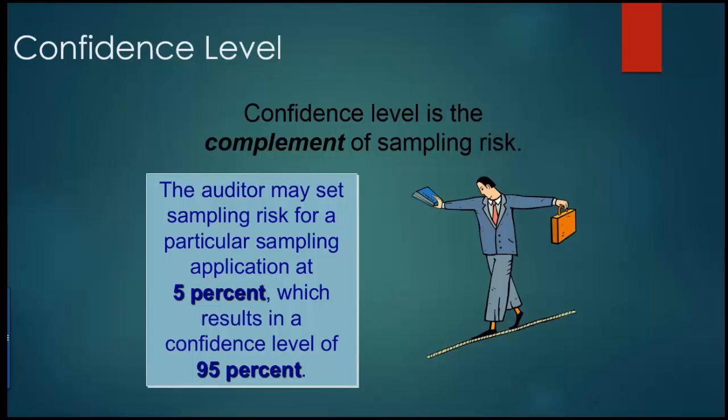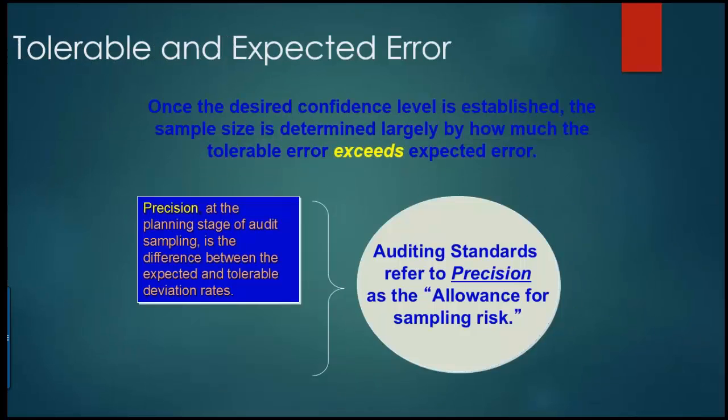From an internal audit perspective, we generally use a 95% confidence level when we are picking our sample. The terminology used by auditors is based upon confidence level, and the confidence level is, again, the complement of the sampling risk. The idea is the two together are going to be 100%.